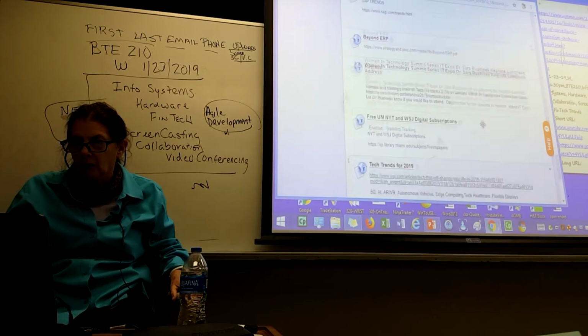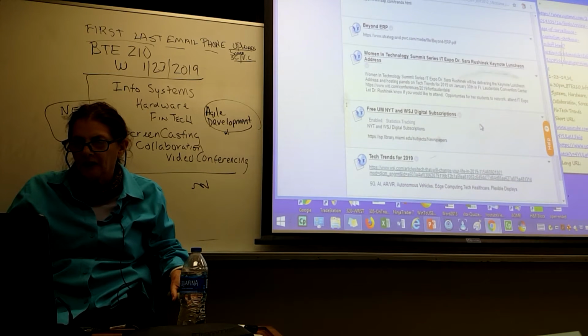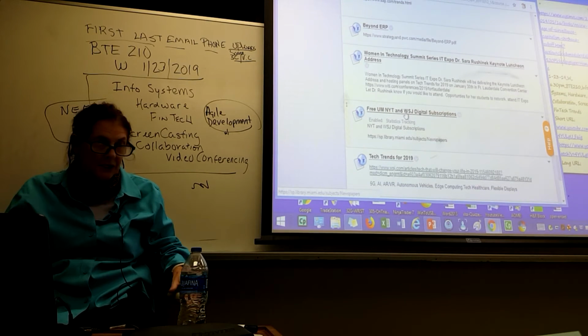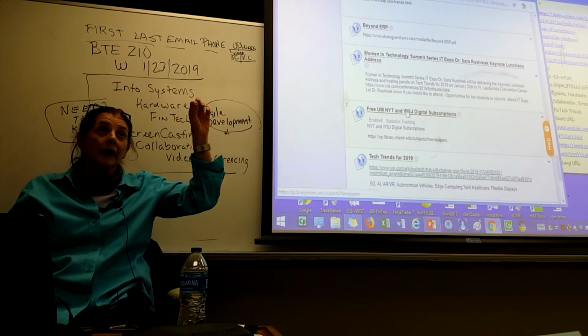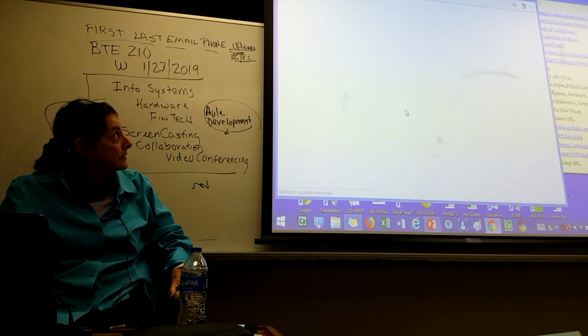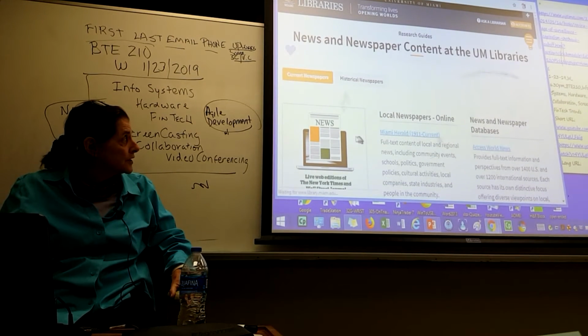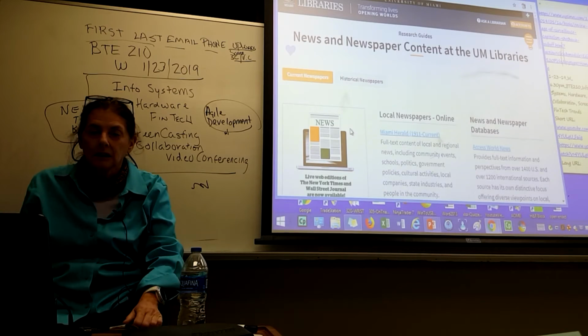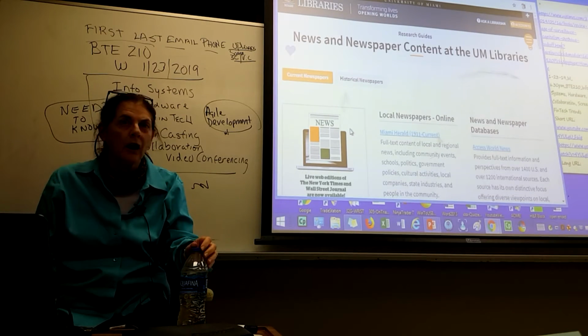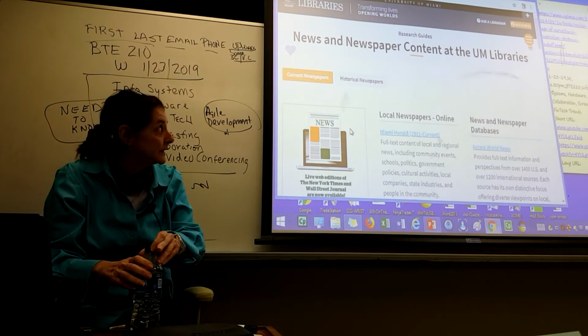Okay, so next to the very bottom here, one of the things you see here, the free UM, NYT, and Wall Street Journal digital subscriptions. What I want you to do, if we click on that, the University of Miami provides us resources, and what I always say is, let's take advantage of all the resources they have.